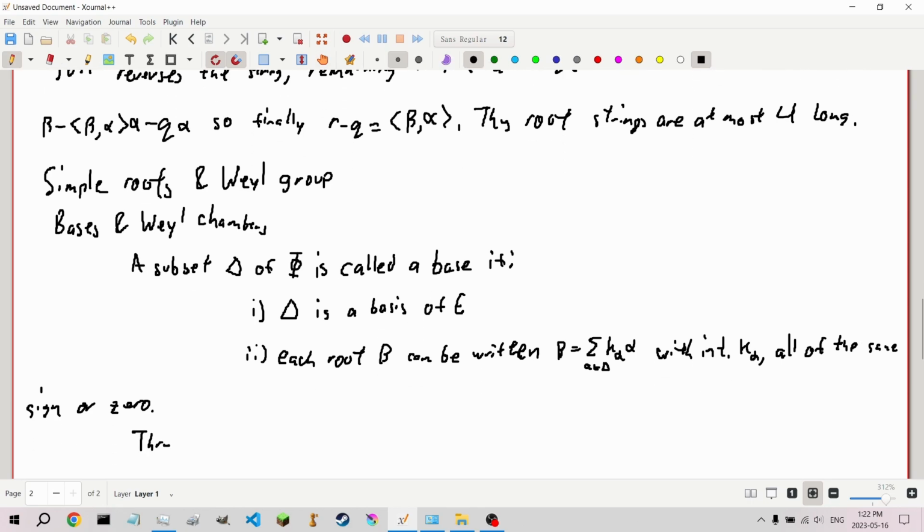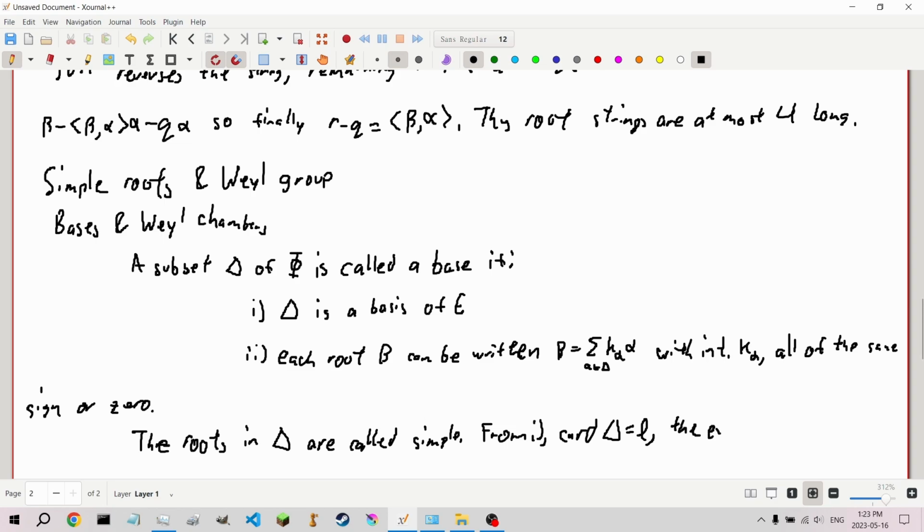And the roots in delta are called simple. From 1, we see that the cardinality of delta is the dimension, and that the expression of beta in part 2 is unique.